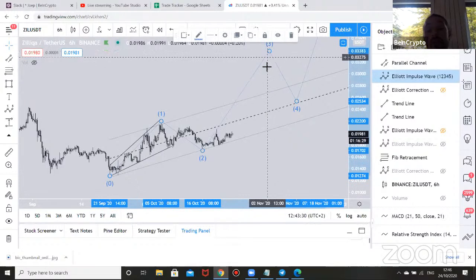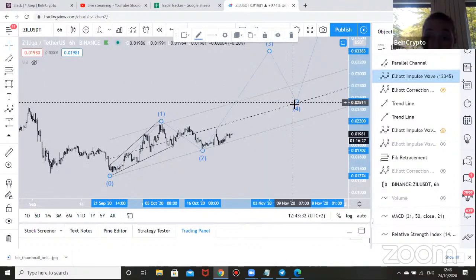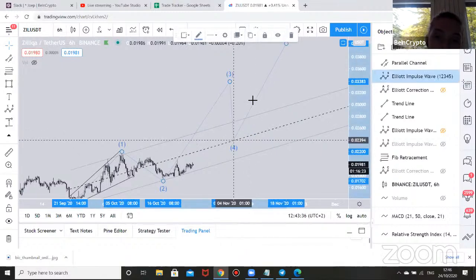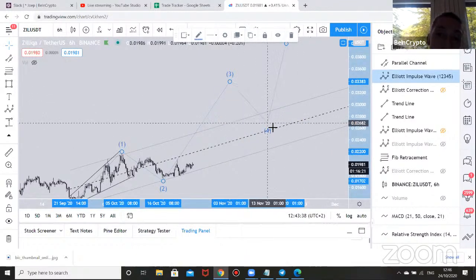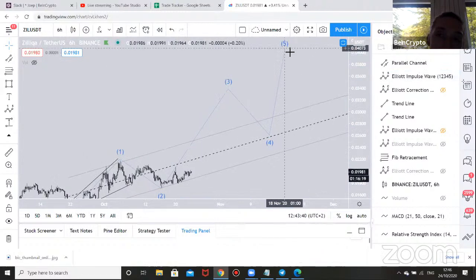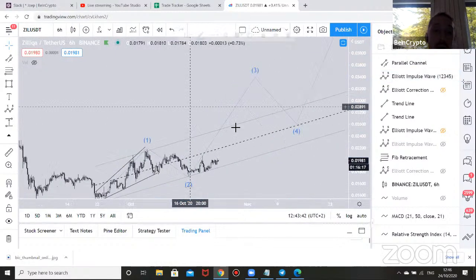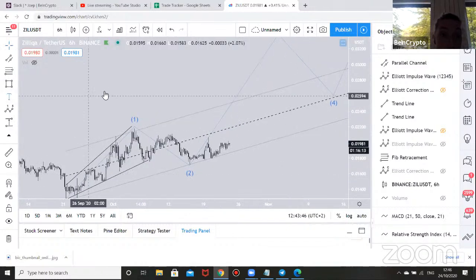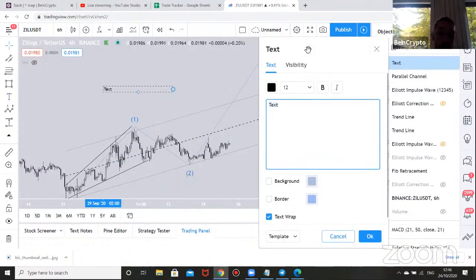Now, again, this depends on how long wave 3 takes and how long wave 4 takes, because obviously if it takes shorter, it can be somewhere here. If it takes longer, it can be somewhere here. But you get the point of the channel, right? So if the price breaks out from this channel here, two things. If the price breaks down from the channel, wave 2 is likely not in.